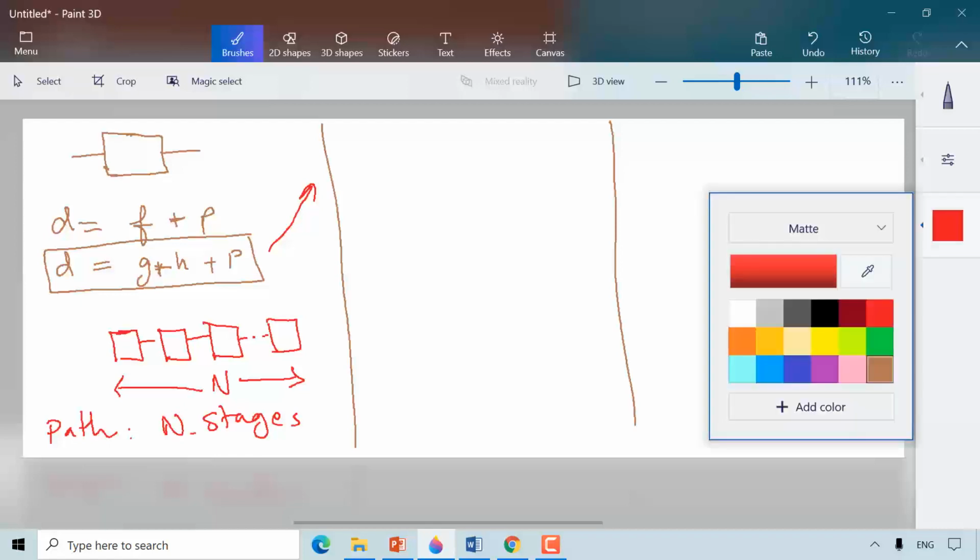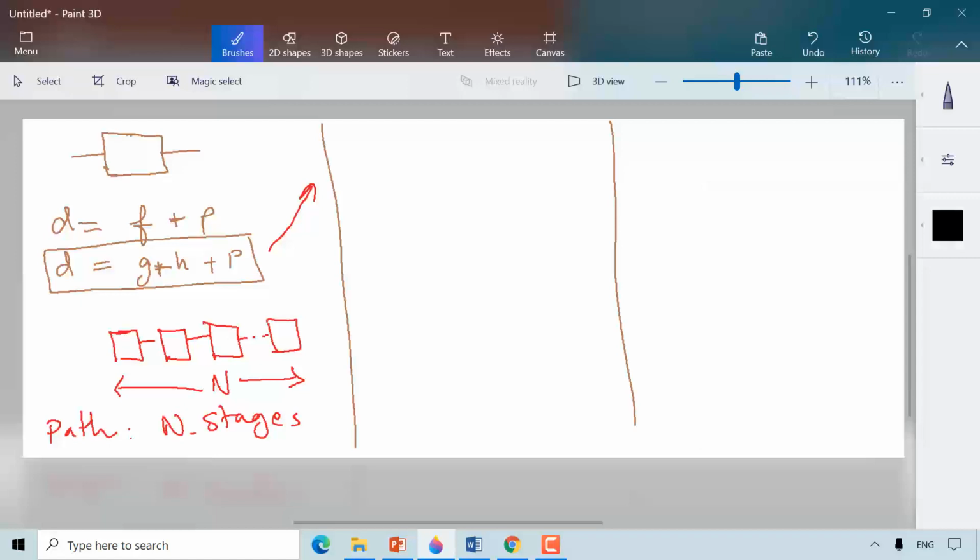So here's what we'll say, that the path delay is going to be equal to the path effort delay plus the path parasitic delay.